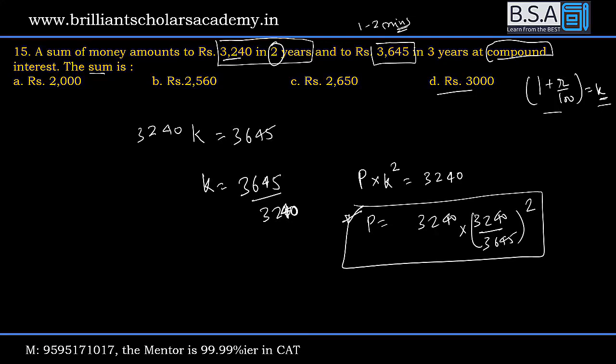I've got 0.88888, into itself, into 3240. So your answer is 2560. You do not have to find the value of R. Don't even consider finding the value of R. Go with the direct calculation.